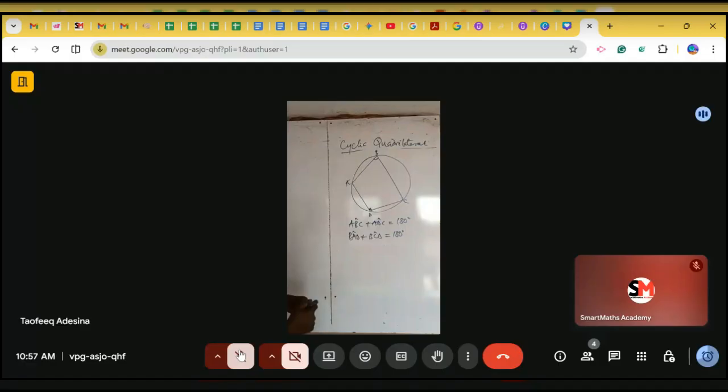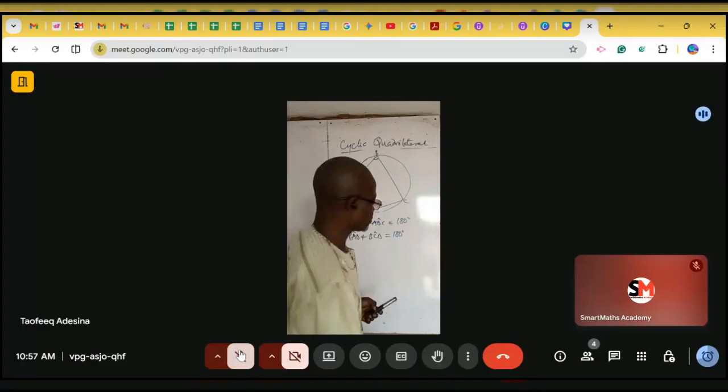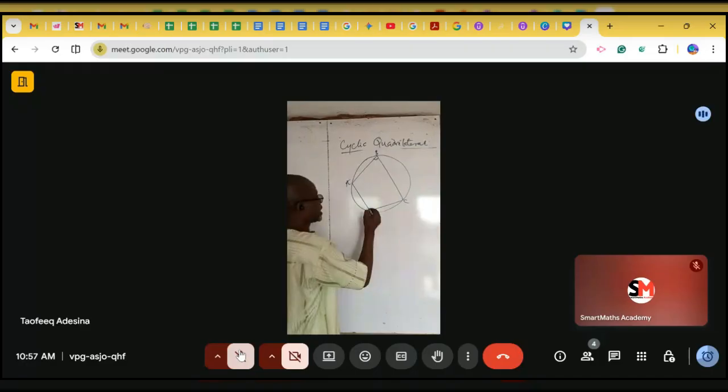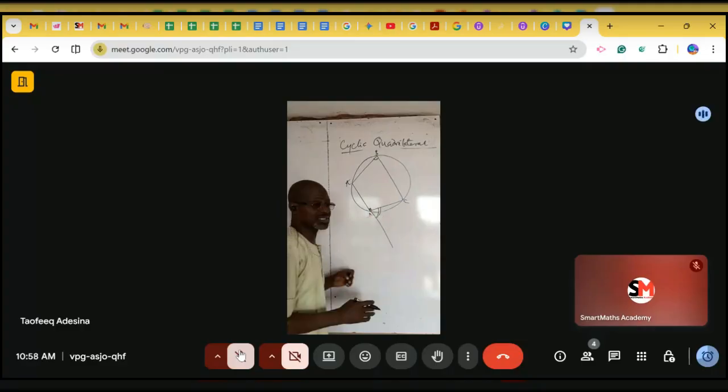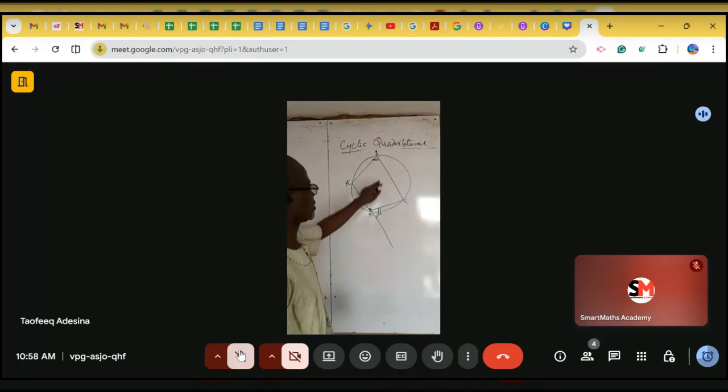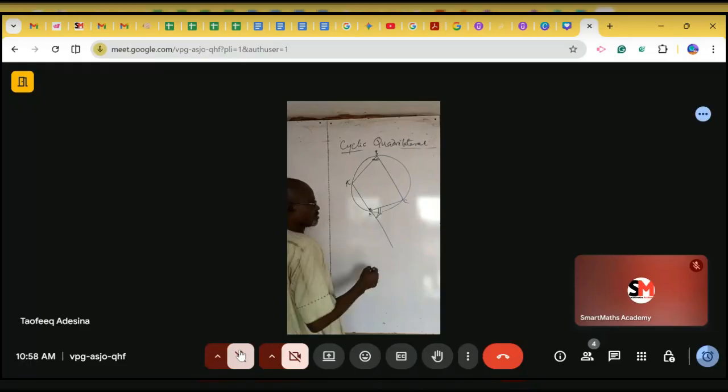The second one repeated is the exterior angle of the cyclic quadrilateral. If I extend this line now, I have an exterior angle of that cyclic quadrilateral. It is not part of the shape. So this particular angle is equal to the interior opposite angle. This is very, very important, and that's the example I gave.